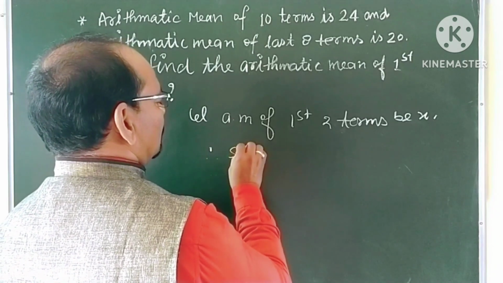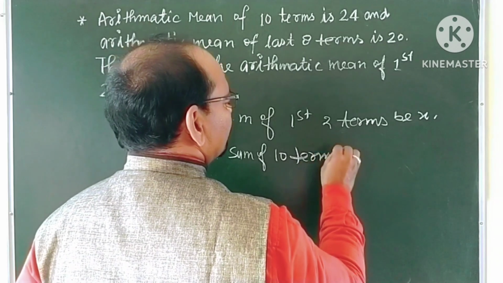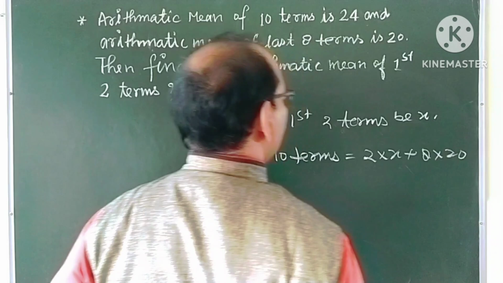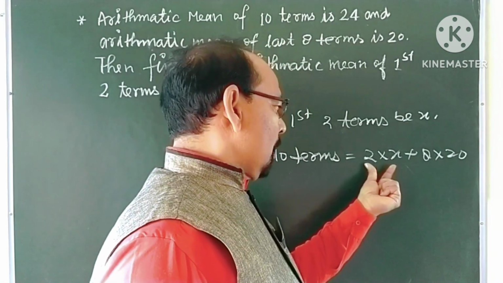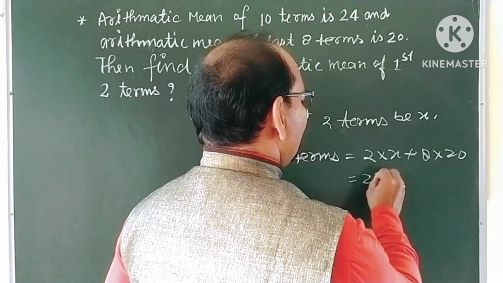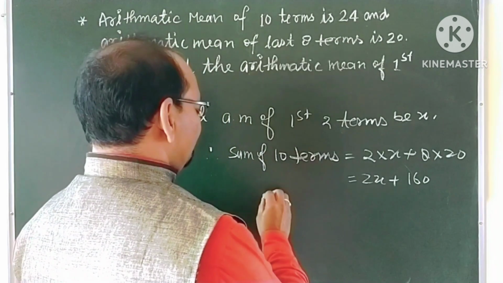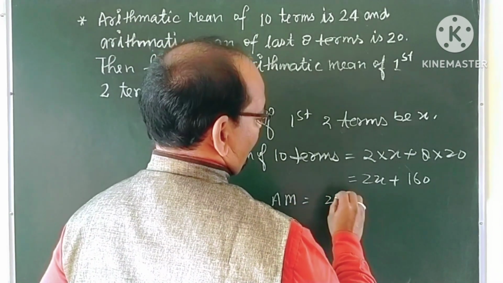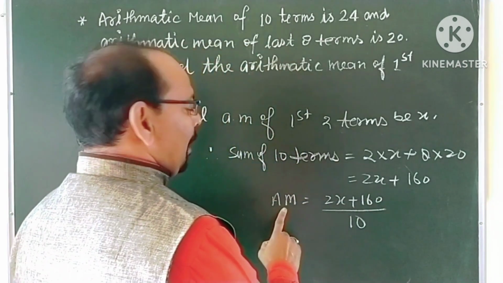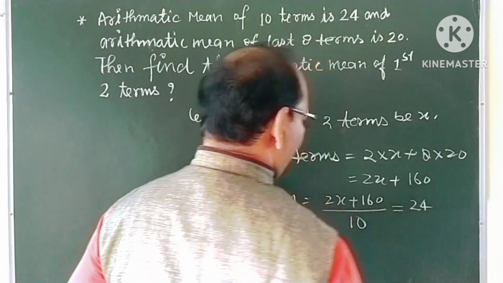Therefore the sum of 10 terms is equal to 2 into x plus 8 into 20, the sum of 2 terms and the sum of 8 terms, which will be 2x plus 160. Therefore AM equals 2x plus 160 upon 10, and AM is given as 24.